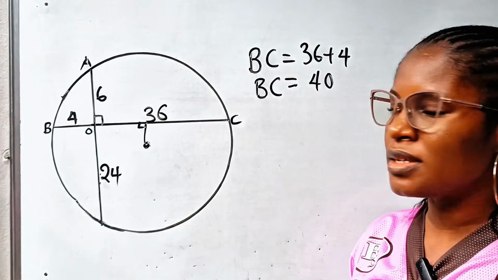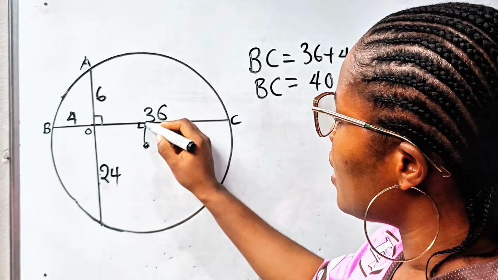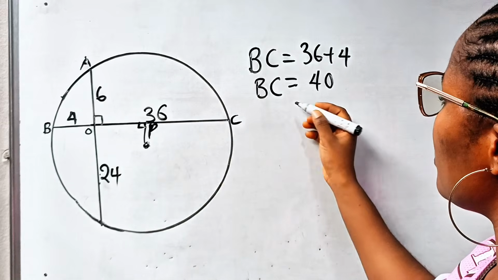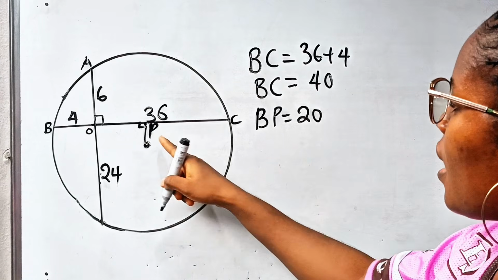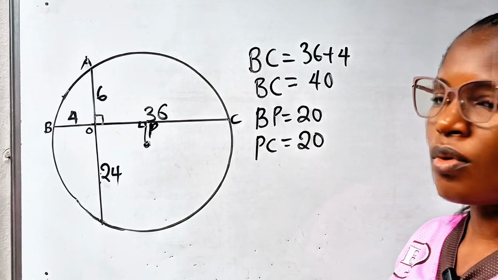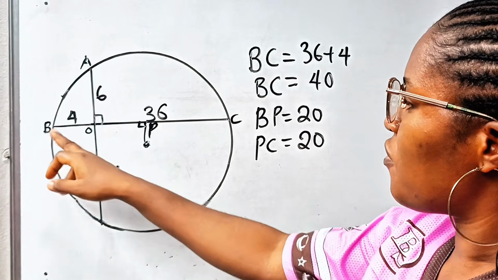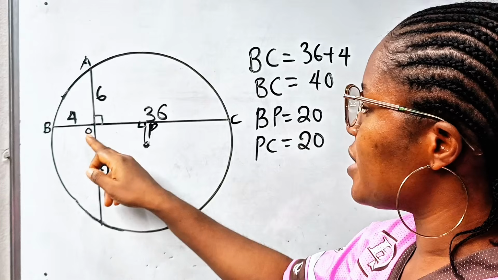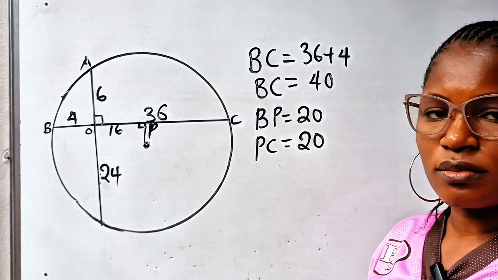Now let's call this point P. So BP is equal to 20 and PC is also equal to 20. All right, now if BP is 20, 20 minus 4 will give us 16. So it means that OP is 16. So from here to here is 16.